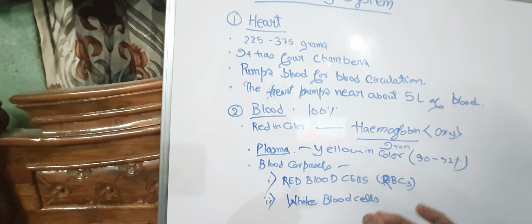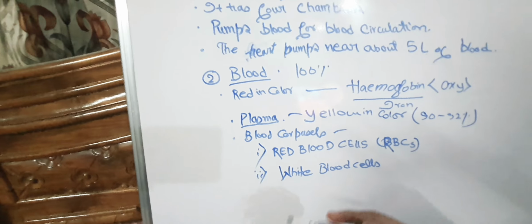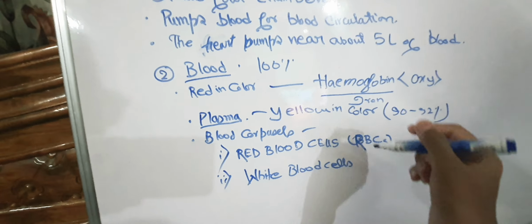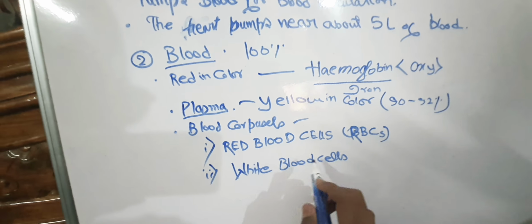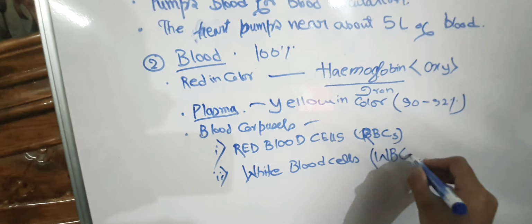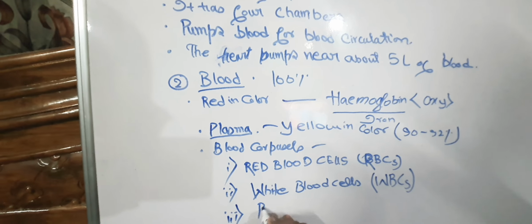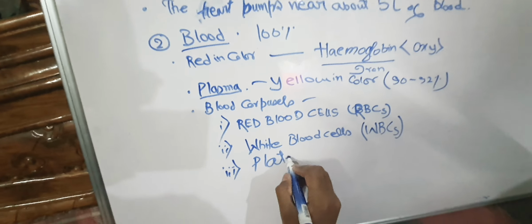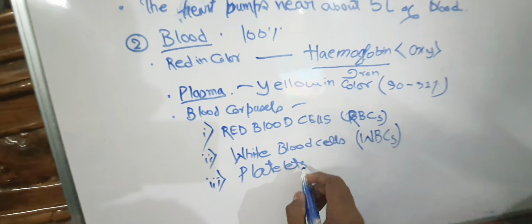I am just telling you what I explained in the last class, and I will explain each and every feature of that particular thing, and then I will explain the pulmonary circulation, in this video only. Red blood cells, then we will continue with white blood cells, short form WBCs. Then platelets, which don't have a short form.